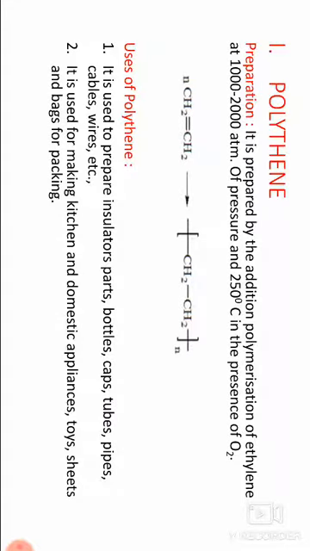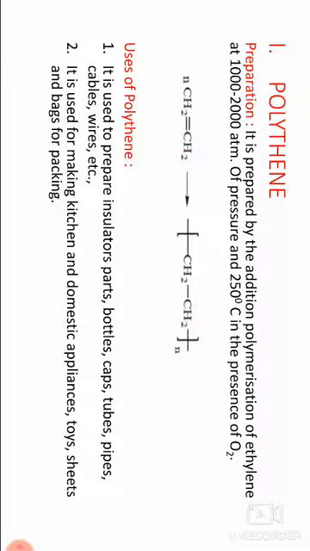First one, polythene preparation. It is prepared by the addition polymerization of ethylene at 1000 to 2000 atmospheres of pressure and 250 degrees temperature in the presence of an oxygen catalyst.